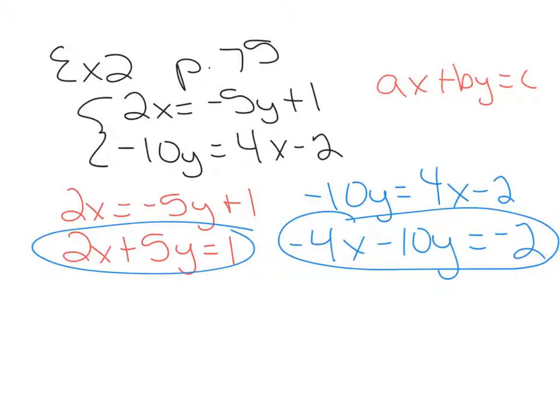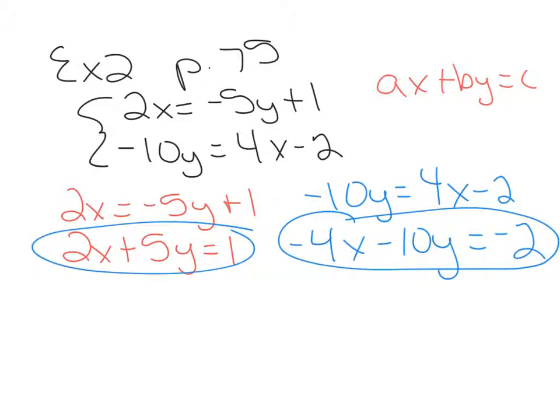To use elimination on them, I need to compare the coefficients. I have a 2 here and a negative 4 here. I have a 5 and a negative 10. I need them to be opposites. This either needs to be 2 and negative 2, or 4 and negative 4, or 5 and negative 5, or 10 and negative 10.